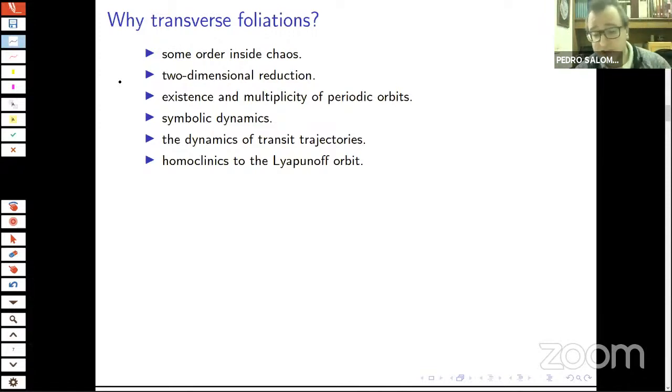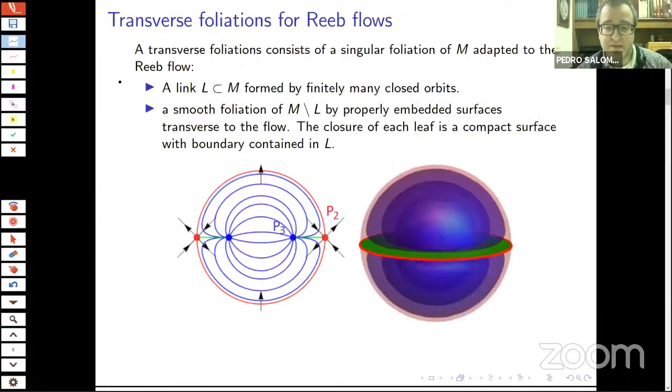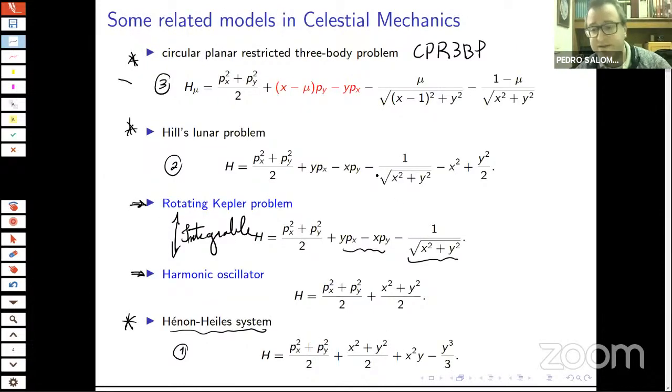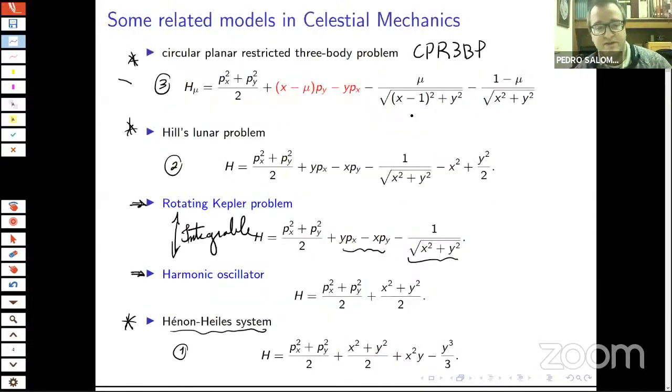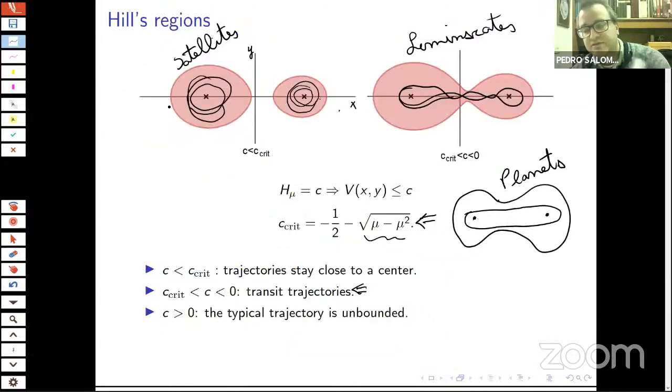And in celestial mechanics, which are systems of this type here, they are interested in these transit trajectories. For instance, in the three-body problem, they use the system here to design space missions. For instance, you would like to send a satellite from the Earth, which is one of the primaries, to the moon, which is another primary, and you want to find, using these gravitational forces, a trajectory to go from near one of the primaries to the other.